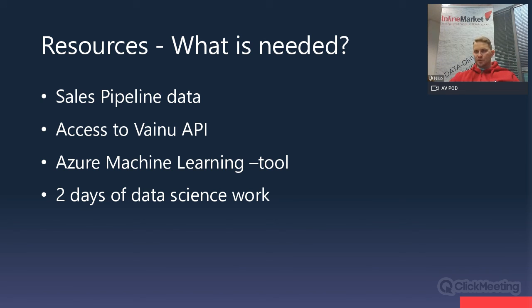Then we used both RStudio and the Microsoft Azure machine learning service to do the calculation runs, and since the data set was pretty well known to us, we used roughly 2 days of work to carry out this ideal customer profiling.